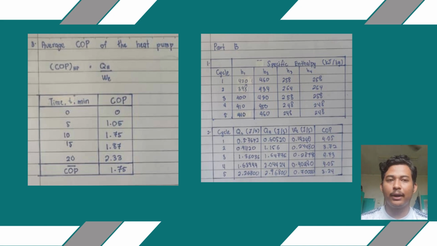To find QL, we need to use formula ME times H4 minus H1, and then for QH, we need to use formula ME times H2 minus H3, and for WE, we need to use formula ME times H2 minus H1, and for COP, we need to use formula QH over WE.